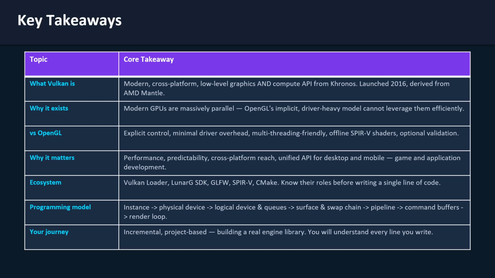Now the rest of the lectures that we are covering will all be incremental, so we will try to create a real application with Vulkan. The very first approach will be a monolithic code that gives you a simple, minimal hello world kind of application.